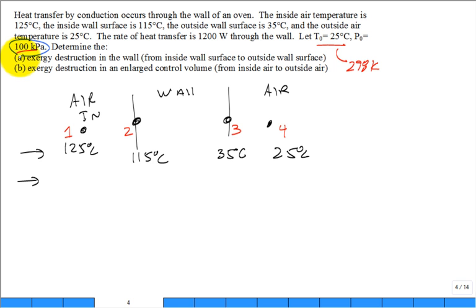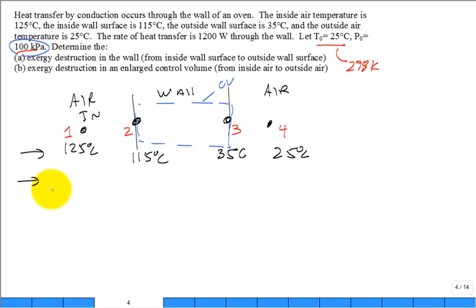All right. So what is the exergy destruction in the wall from the inside wall surface to the outside? We introduce a control volume like that. And I know that you could just say there's no mass crossing it, so why don't you introduce a control mass? Same thing. But it's focused, we have clearly identified the region of study for the calculation that we're going to make.